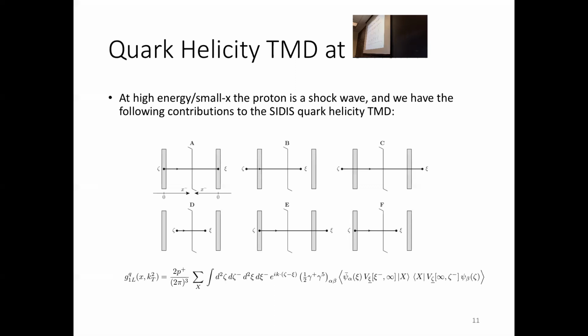And then you have to consider different situations for different values of zeta and psi. Now you may ask, what is this shaded bar? Well, this is the proton. This is the proton we need, right? So in other words, we have a proton which is moving in the light cone plus direction. So along the x minus axis, the proton sits roughly at x minus equal to 0.